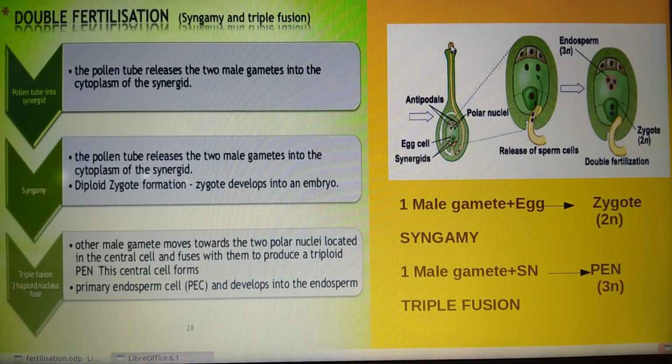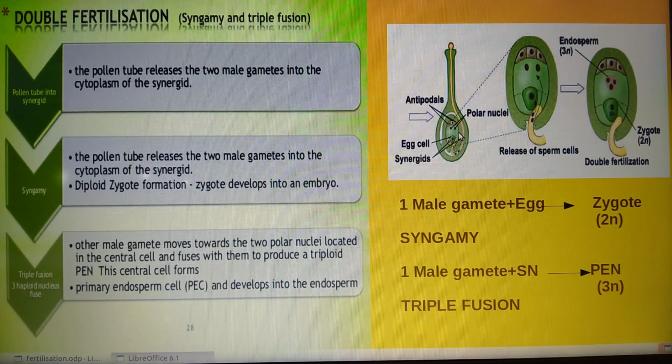After pollen-pistil interaction, what happened? The pollen grains germinated to form a tube-like structure called germ tube or pollen tube. The pollen tube moves through the style and finally enters into the ovule or embryo sac.